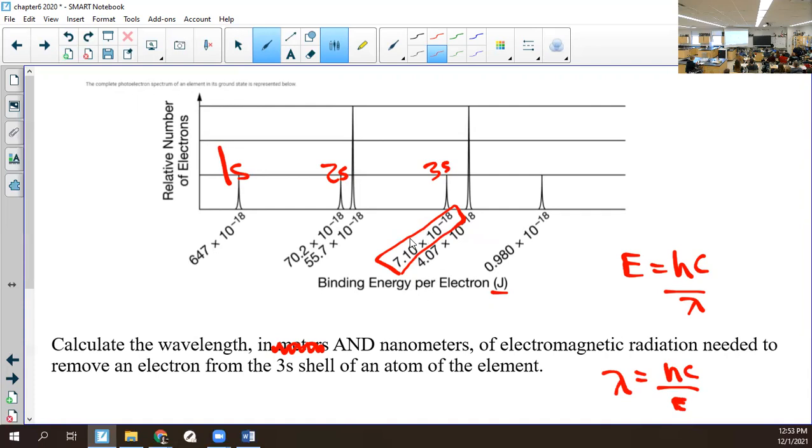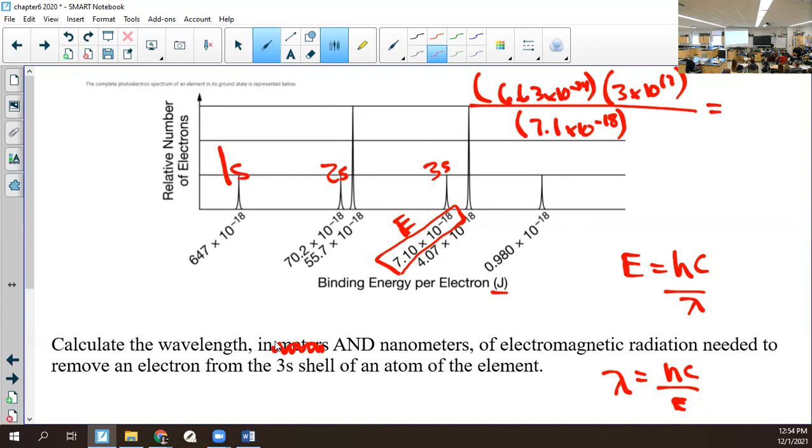This is the value for E. H and C are constants. So 6.63 times 10 to the negative 34 times the speed of light in nanometers, divided by 7.1 times 10 to the negative 18.